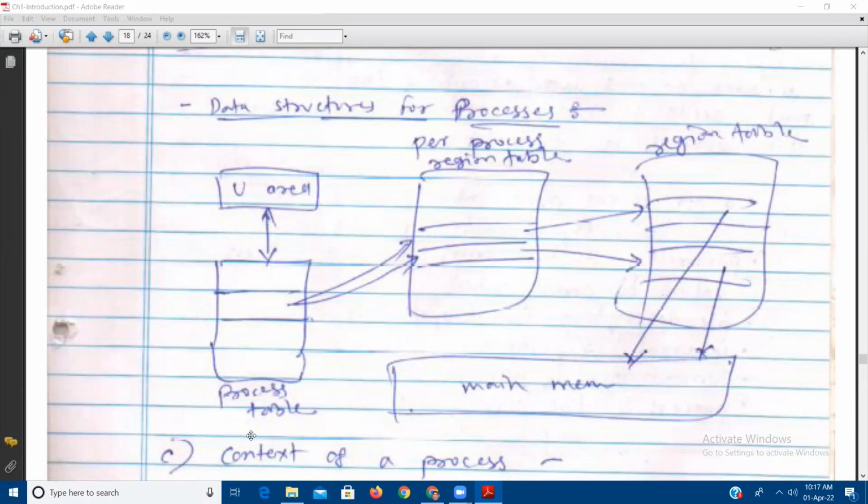Actually, main memory is also a structure, but it is a big structure, so it is not included as a part of the data structures. So the U area is a data structure, the process table is a data structure, and so are the per process region table and the region table. These four tables keep the data about the process. So we'll see what kind of data is kept inside the U area, the process table, the per process region table and the region table.